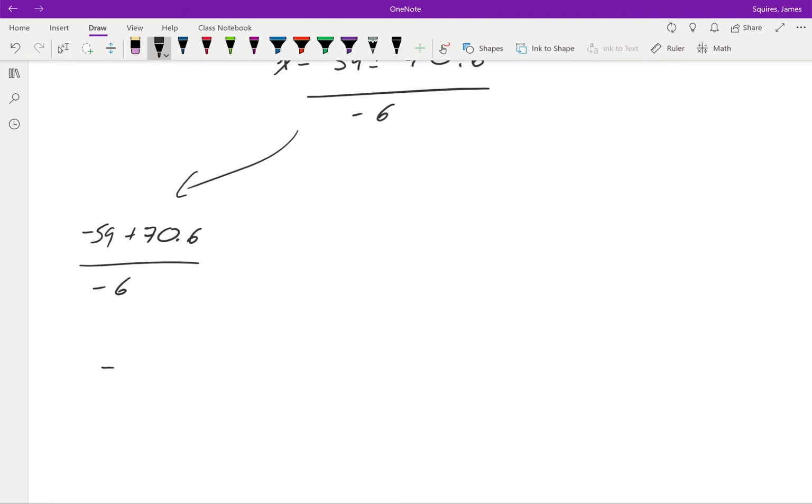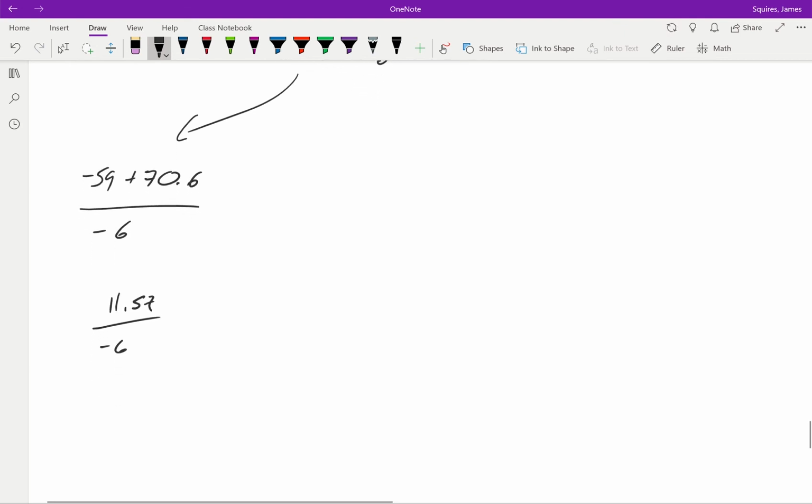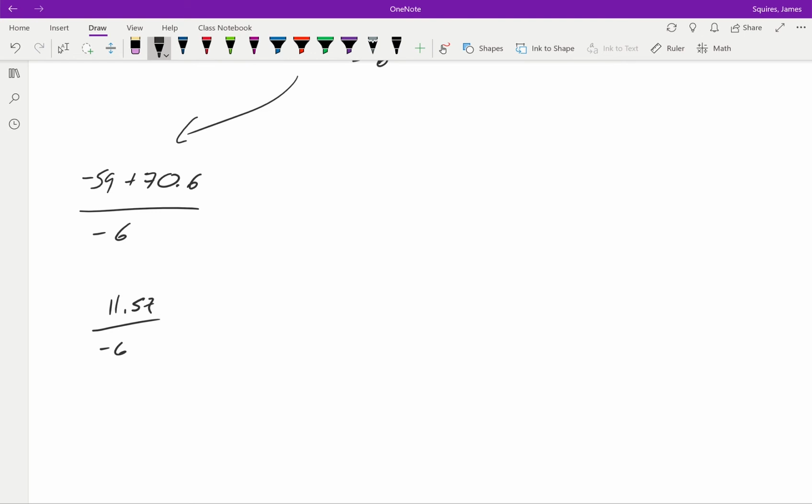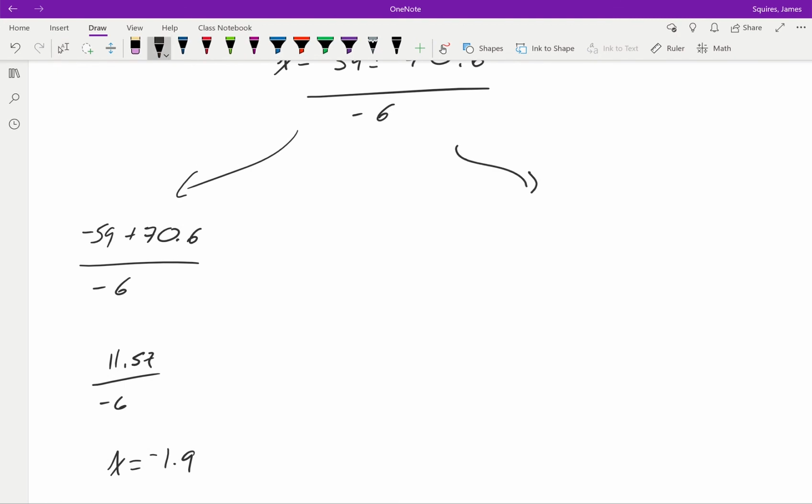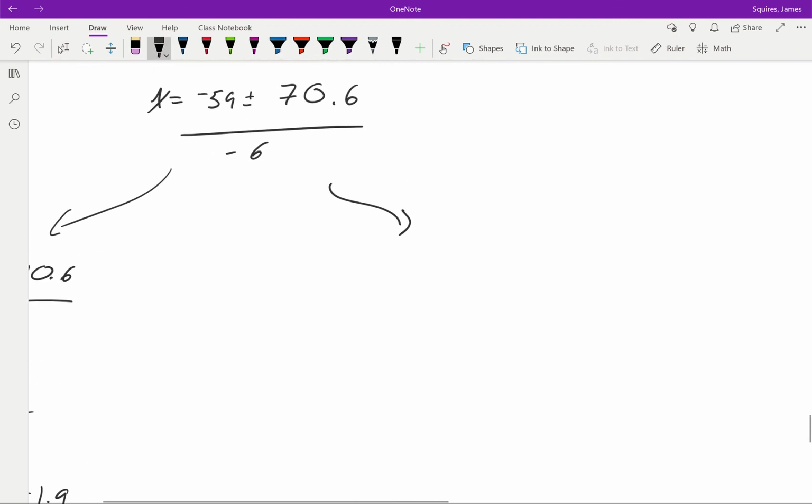You get positive 11.57 divided by minus 6, so we're going to get x roughly equals minus 1.9. Alright, if we do the negative version, we're going to get x equals minus 59 minus 70.6, all divided by minus 6.